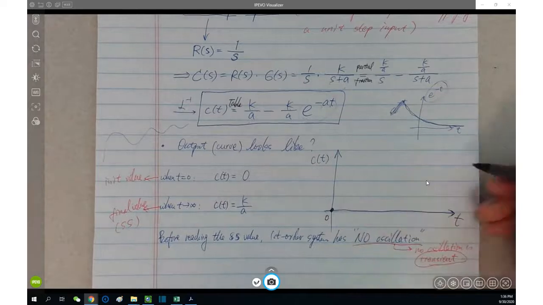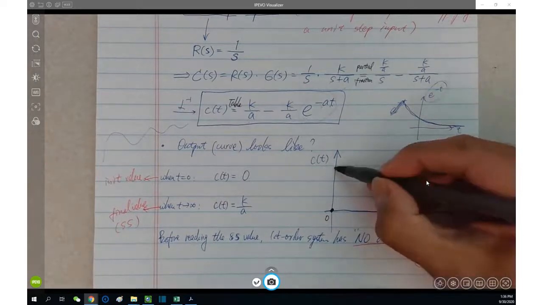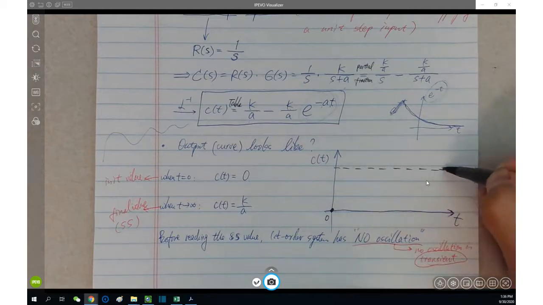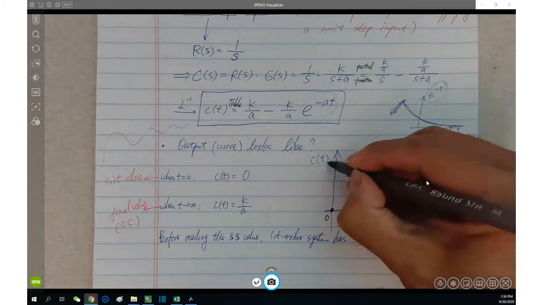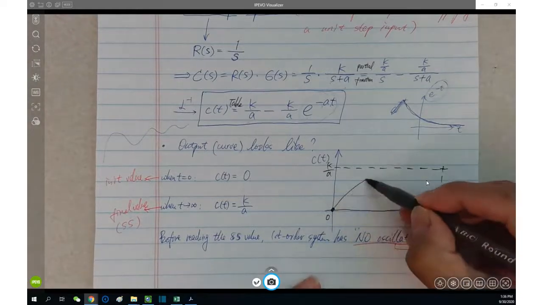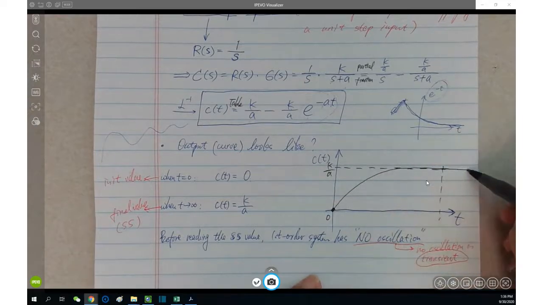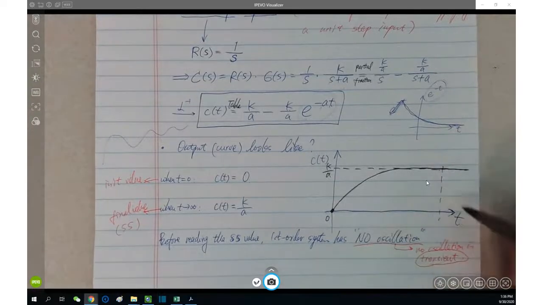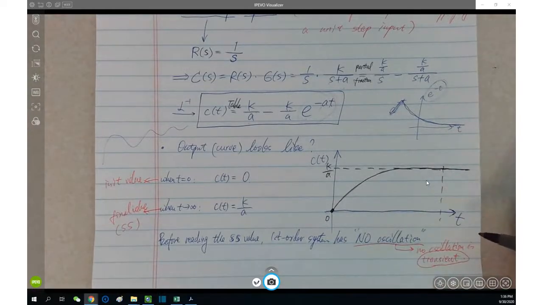Begin with 0 and end by a constant, which is k over a, right? So we're not sure when it's reaching that one. Okay, we don't need to, but basically it's just like this, right? At a certain time, it reached the steady state value and then stays at the steady state value forever, right? Makes sense.